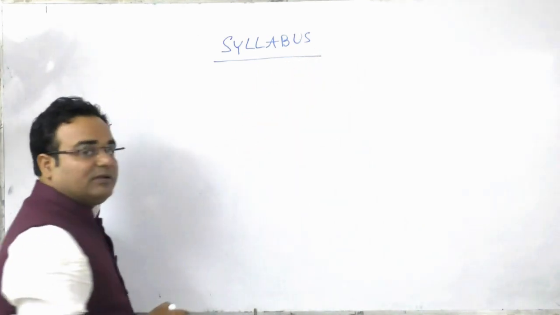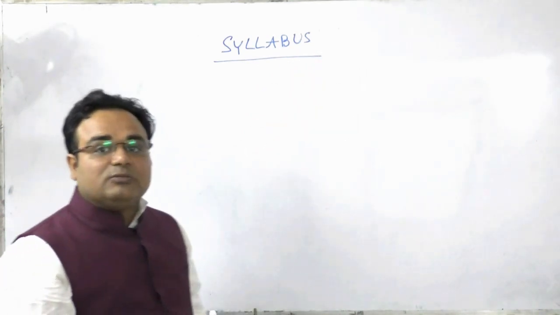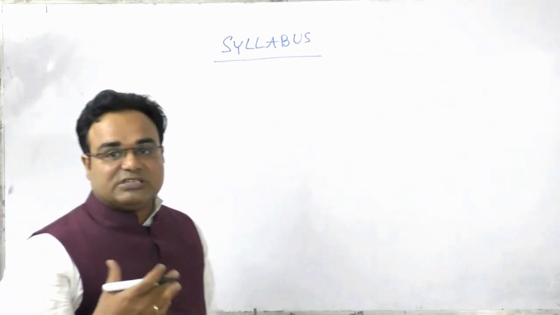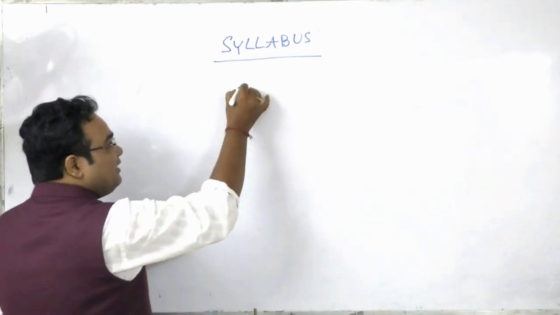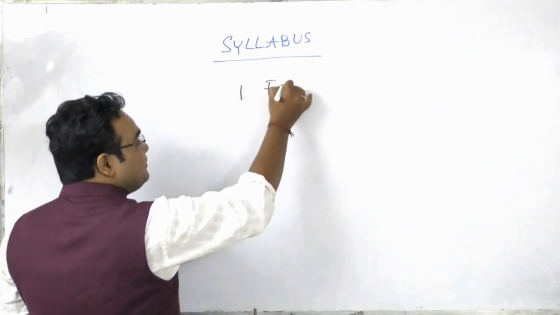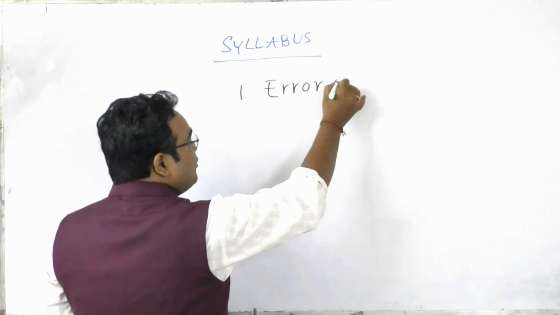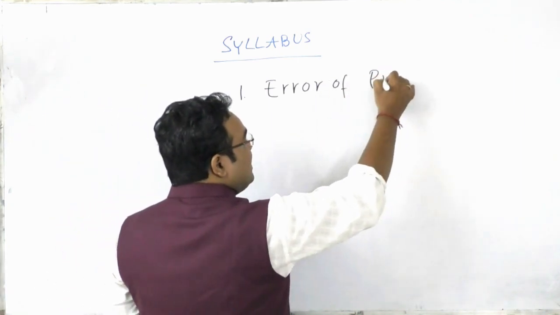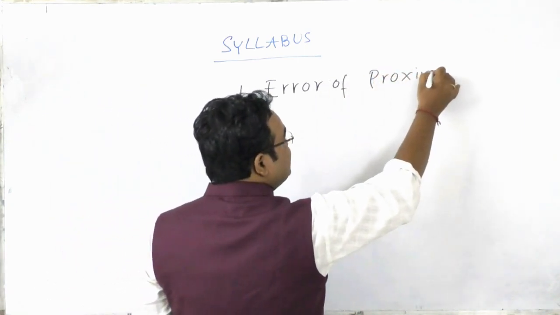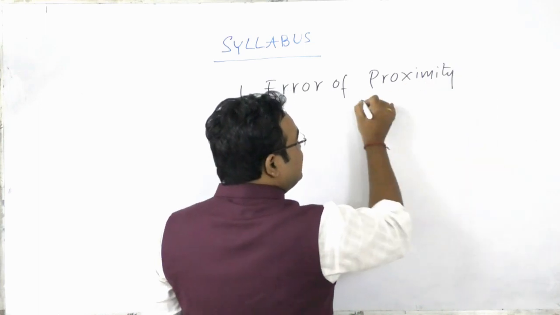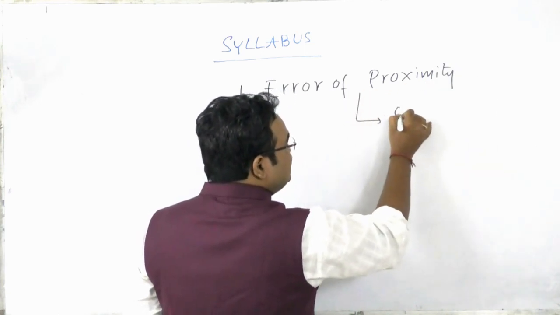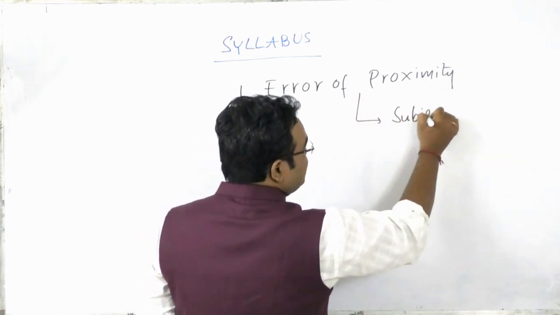The first topic from where the majority of the questions are asked is error of proximity. It is covered under the chapter subject verb agreement.